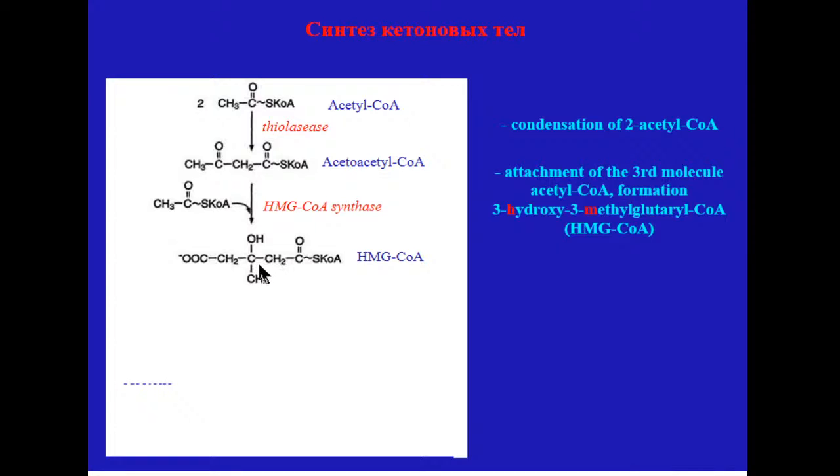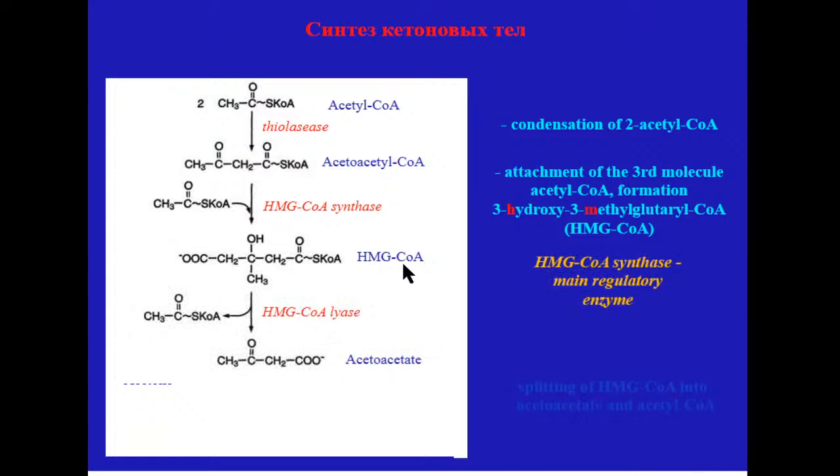So the substance that we obtained is a beta-methyl, beta-hydroxy glutaryl coenzyme A, or 3-hydroxy-3-methyl glutaryl coenzyme A. Due to the first letters in the names of the radicals, hydroxy and methyl, our abbreviation is HMG-CoA. So 1, 2, 3 acetyl-CoA are combined through 2 reactions, and we obtain hydroxymethyl glutaryl coenzyme A, or you can name it HMG-CoA.